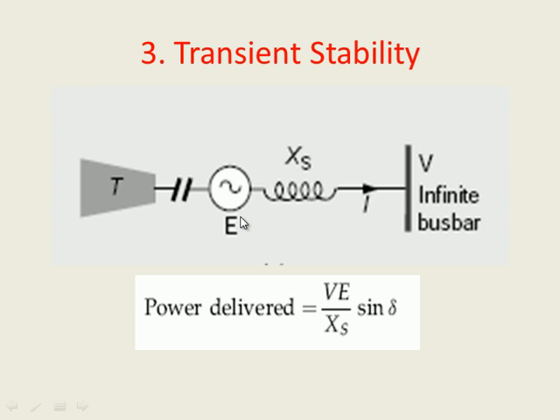These electromagnetic transients may lead to loss of synchronism for some or all of the machines. It may be 2, 3, 4, 5 generators or alternators in synchronism, and there will be a loss of synchronism due to these oscillations if the input remains constant and there are transients.